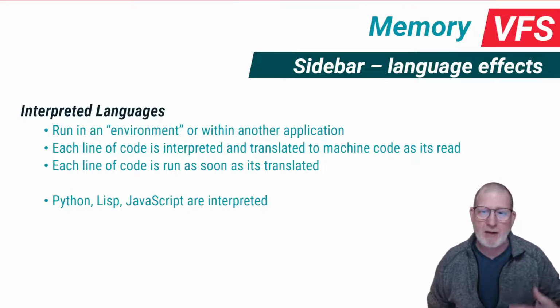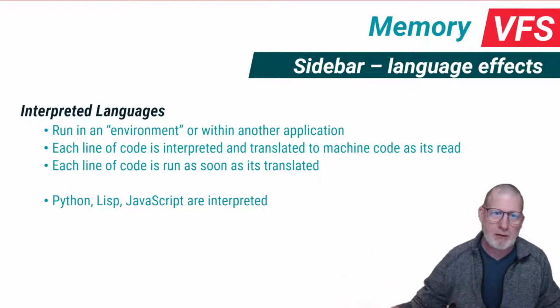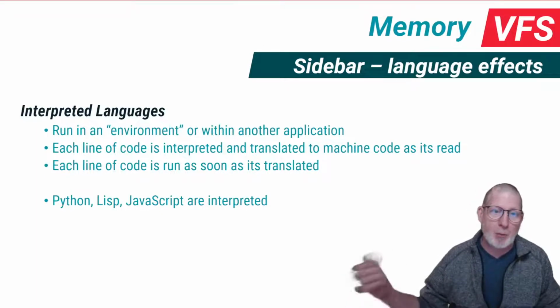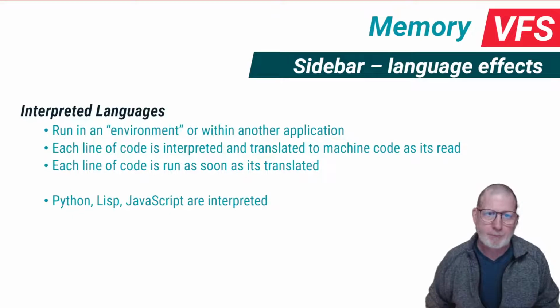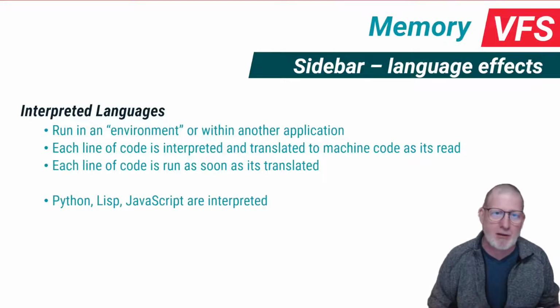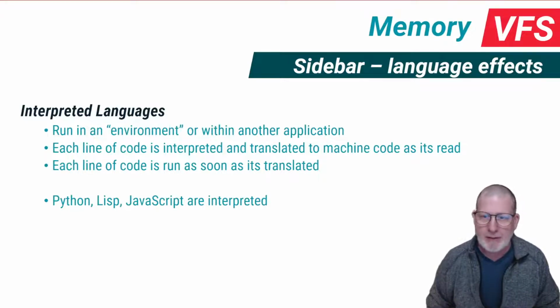You're going to try and access some memory location to get a variable, but that variable hasn't been declared or defined yet. And the program will break at runtime right away, and you won't really know why. So they're a little bit harder to build and debug in one respect, and they're a little bit faster to build and debug in another.